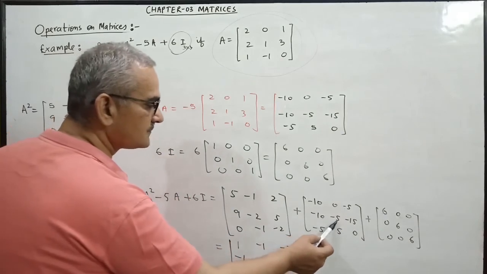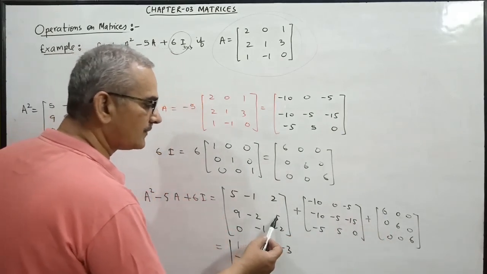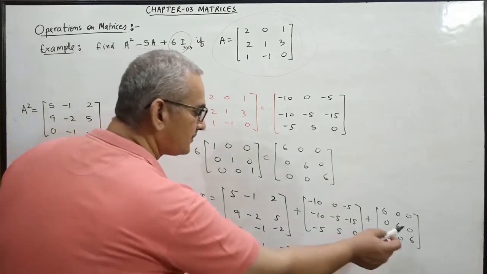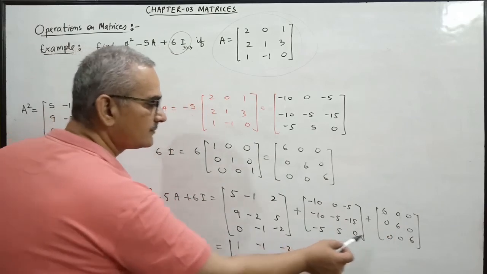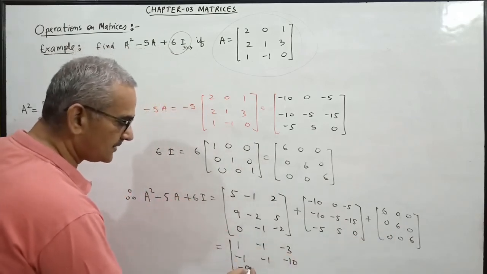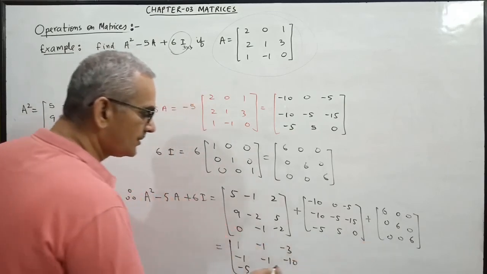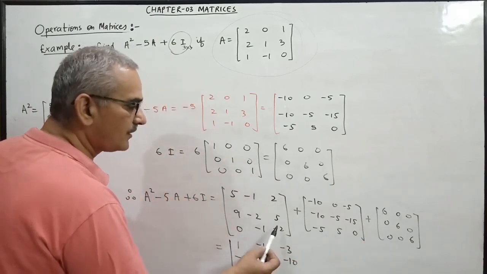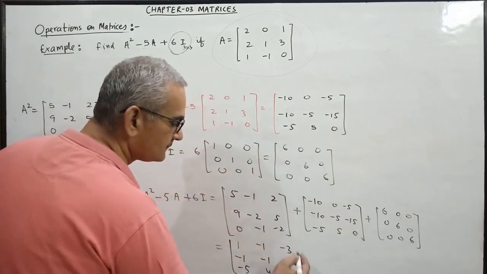Minus 2, minus 5, minus 7 plus 6 is minus 1. Then 5 minus 15 plus 0 will be minus 10. 0 minus 5 plus 0 is minus 5. And then minus 1 plus 5 plus 0 is 4. Minus 2 plus 0 plus 6 is plus 4.